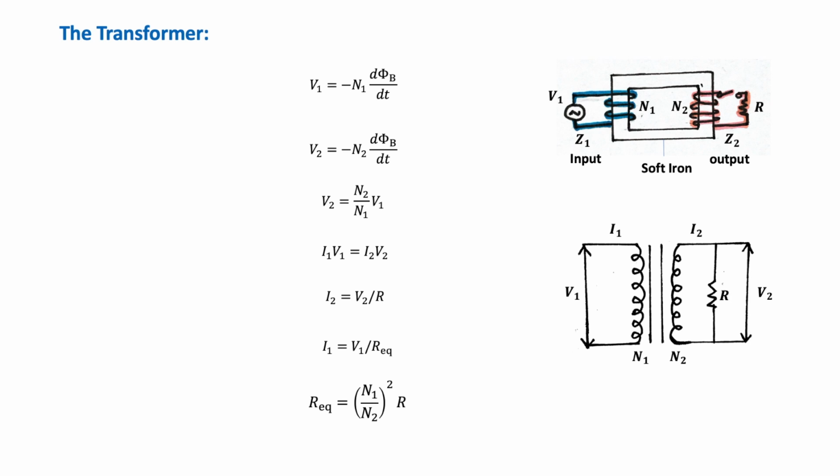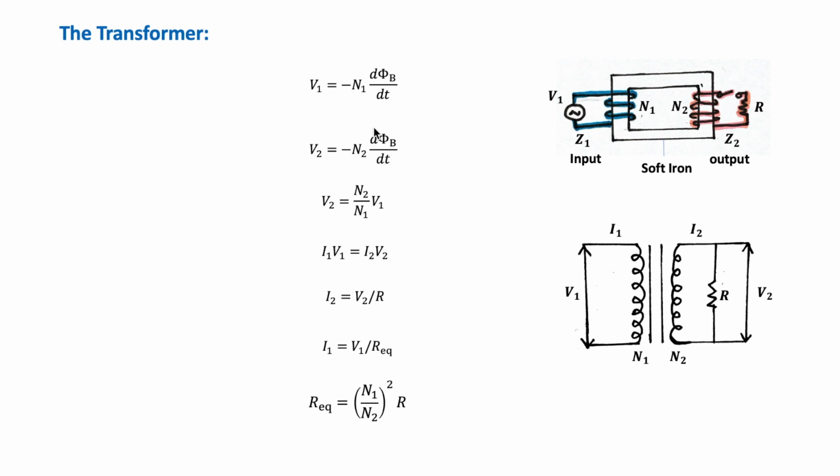So from Faraday's law, the voltage V1 across the primary coil is equal to minus N1 d phi b over dt, where phi b is the magnetic flux through each turn, and assuming no flux leaks out of the iron core, then the flux through each turn of the primary coil equals the flux through each turn of the secondary coil, okay? And so the voltage across the secondary coil, V2, is given by this equation.